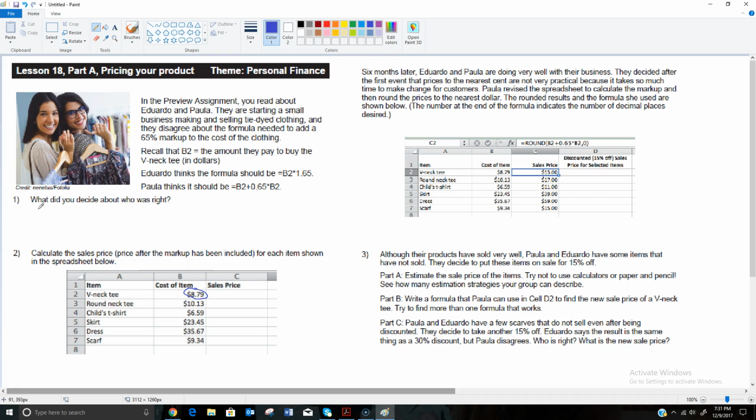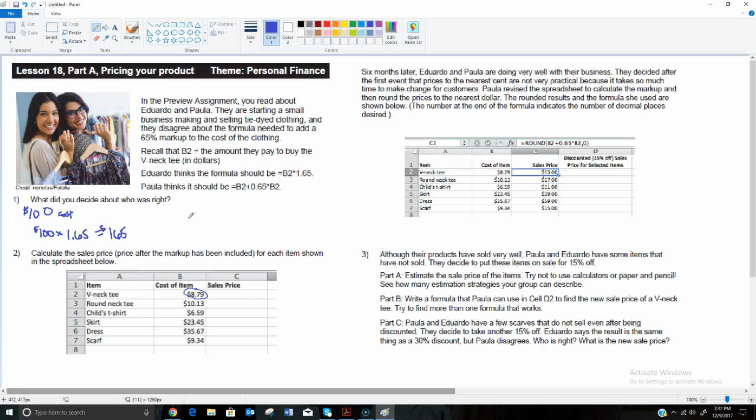I'm going to start with something simple. If we just had, say, something that cost $100, then you would want that marked up 65%, which means you would want it to end up being $165. Well, let's look at Eduardo's method here: 100 times 1.65 gets you $165.